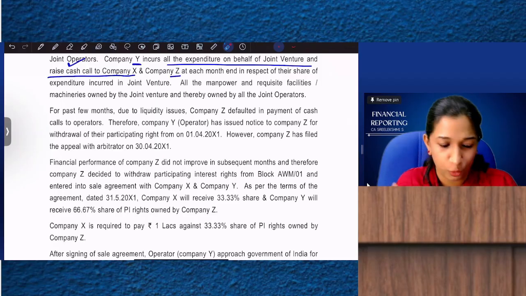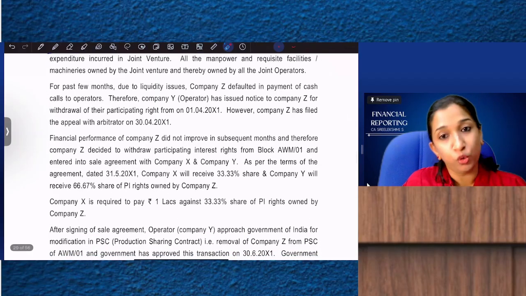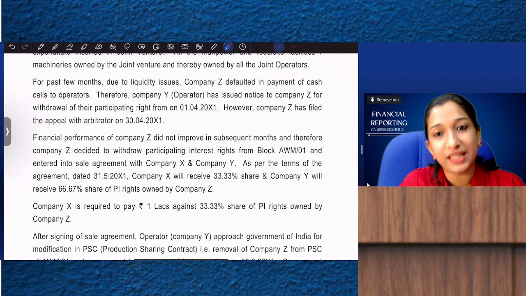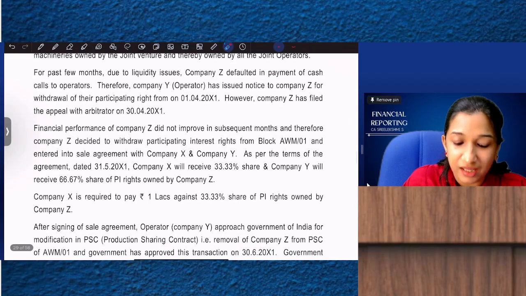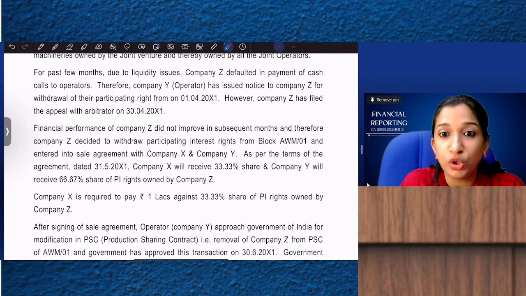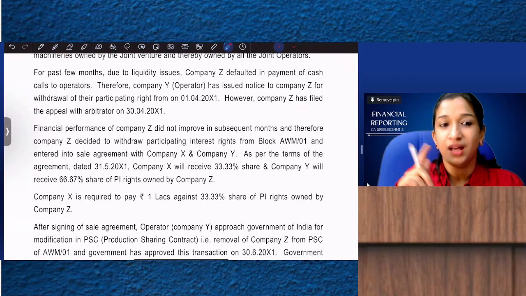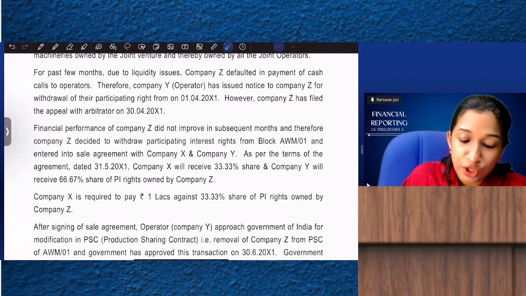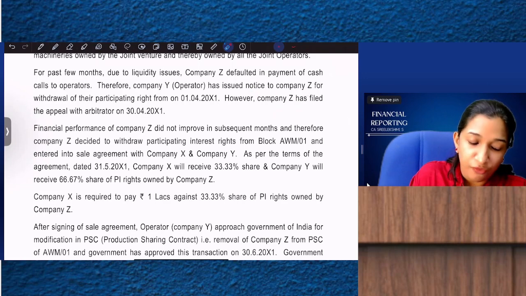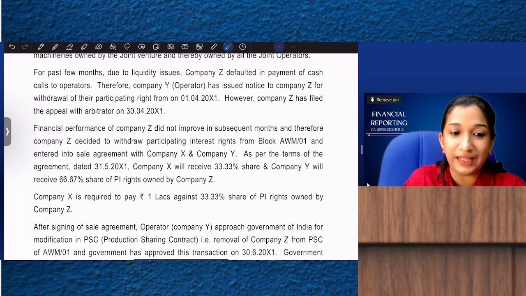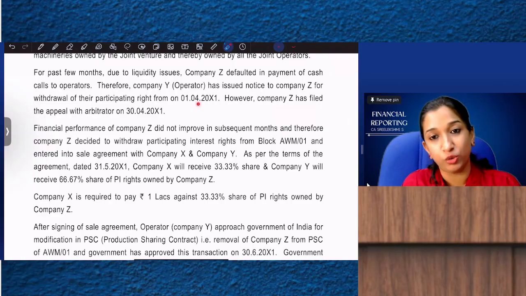So this is JO. For the past few months, due to liquidity issues, company Z defaulted in payment of cash call to operators. Therefore, company Y, the operator, has issued notice to company Z for withdrawal of their participating right on 1st April 2011.